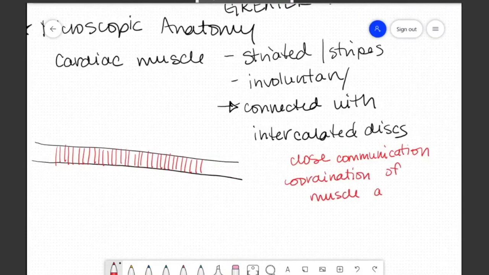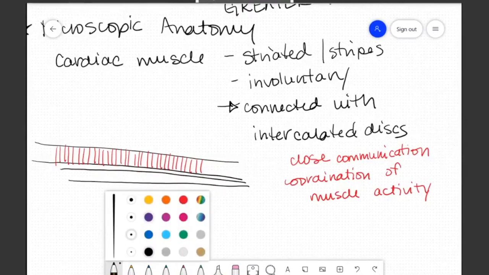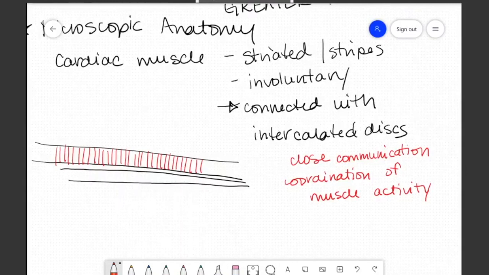So if we put all of this together, we're going to put that one muscle fiber there. We're going to put another muscle fiber here. We're going to give him his striations because that's what these guys have. And what we're saying is that there are intercalated discs that are connecting the two. And these intercalated discs will allow for close communication between all of your muscle fibers.